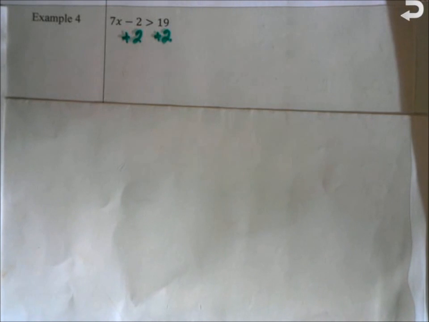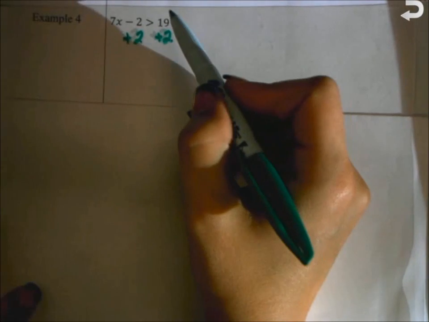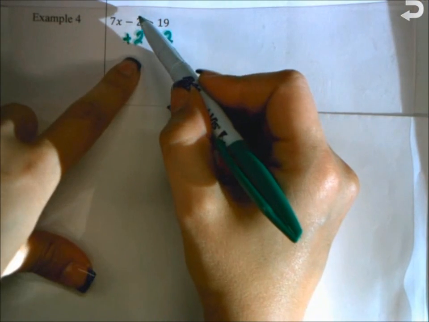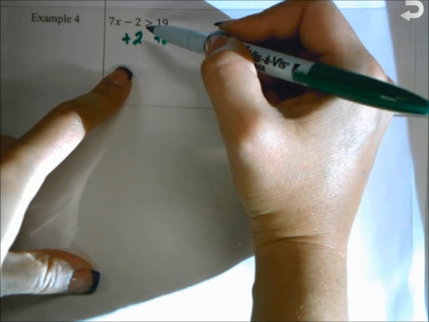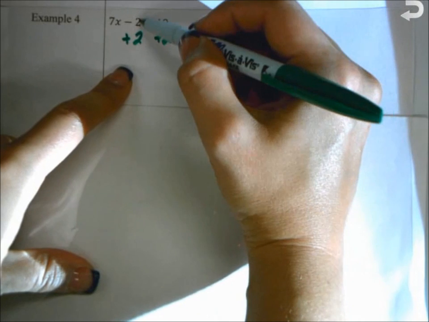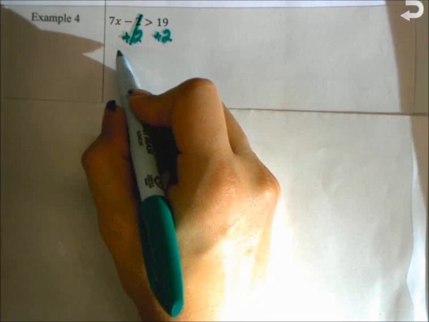So what is left on the left-hand side? Who can read me my new inequality? Who's in 21? Anthony, will you tell me what my new inequality is? I added 2 to both sides, so what's on the left-hand side?